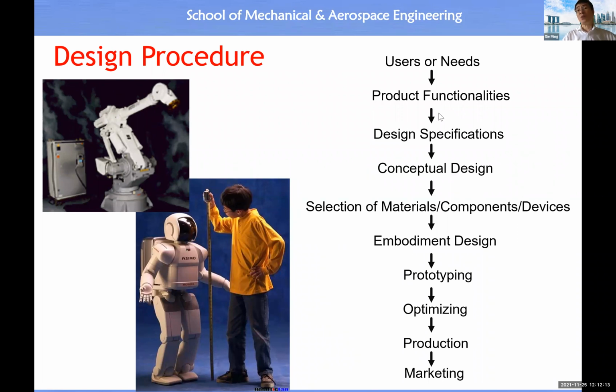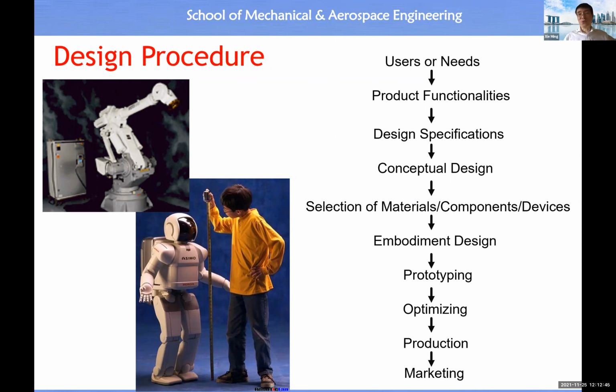Then you want to justify how your robot could meet the need of your user. The answer is what? Your robot has functionality. Then for each functionality, you must come up with the design specification in terms of performance, stability, response time, response accuracy, etc. Based on the design specification, you must come up with the possible design solutions for each functionality.